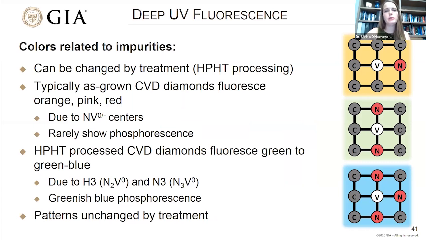So using deep UV fluorescence, we're able to get a lot more information. For the CVD synthetic diamonds, the man-made diamonds, there are certain treatments that are used to change their appearance. HPHT processing, which is when you heat a diamond in an HPHT press, can be used to decolorize certain stones.